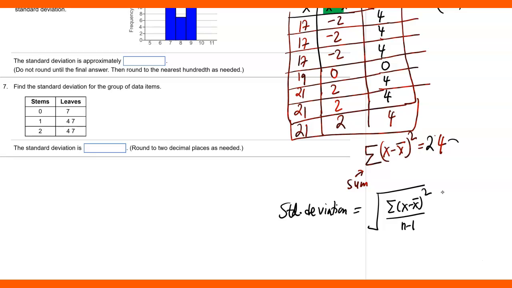Again, the sum we found before goes on the top of the fraction under the square root. You guys see here, this is called sum of x minus x bar squared. This number goes to the top. Therefore, it's going to be square root of 24 divided by n minus 1.